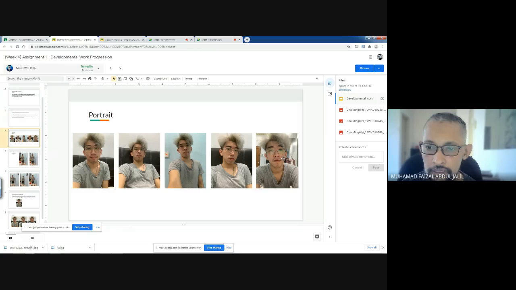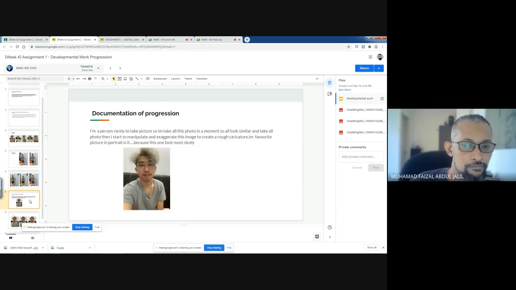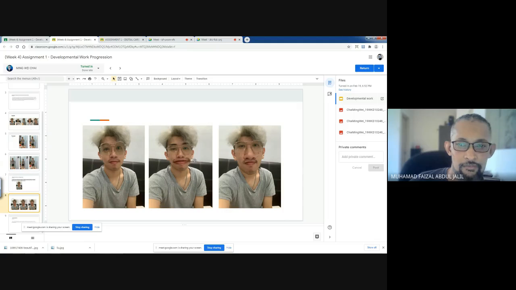Why did this guy become so old, way older than me? The hair became gray. What do you think? What I can see is too much exaggeration. It doesn't show the features of your face.